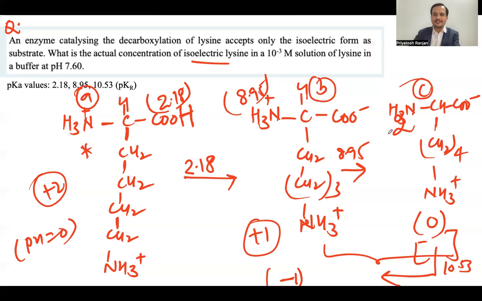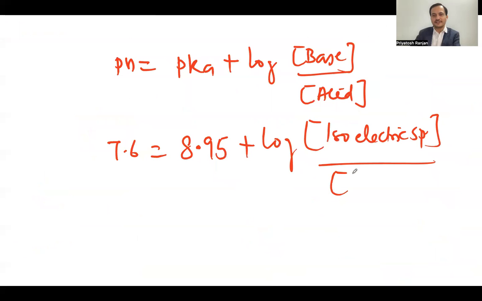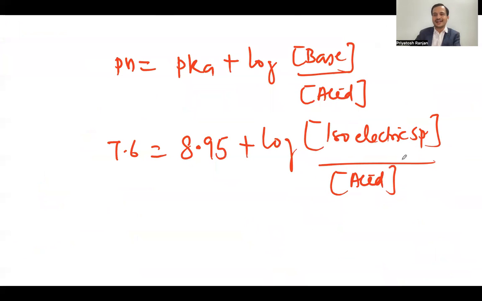Simple. In this particular reaction, B is going to work as an acid because the amine group is protonated, while this isoelectric species is going to work as a base. So log, I'm just writing isoelectric species to simplify things, which is going to work as a base, and then you have acid. This is because they have asked the concentration of isoelectric lysine, so it's good to have this isoelectric species in the numerator.